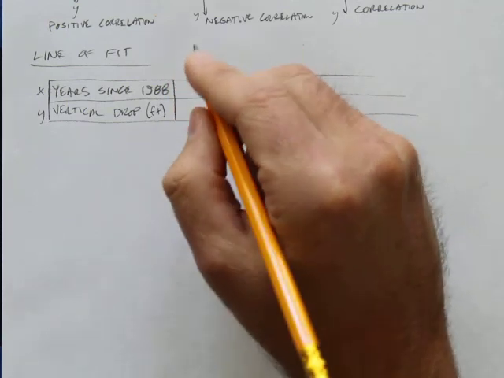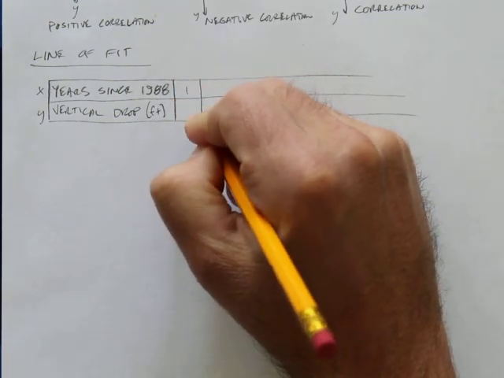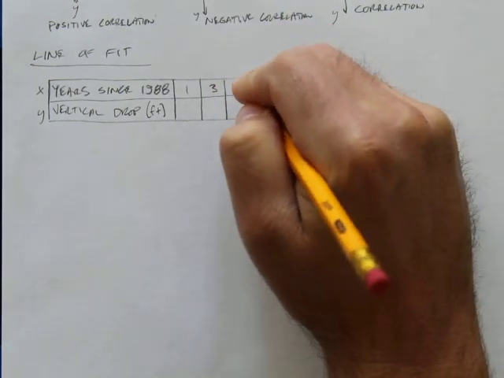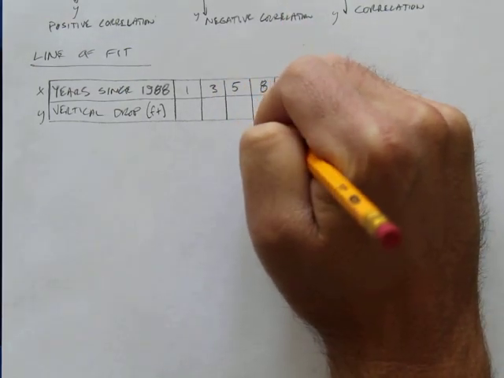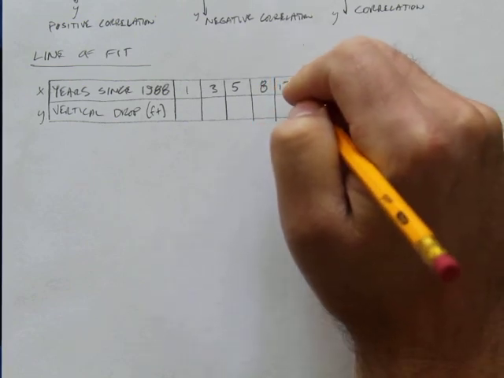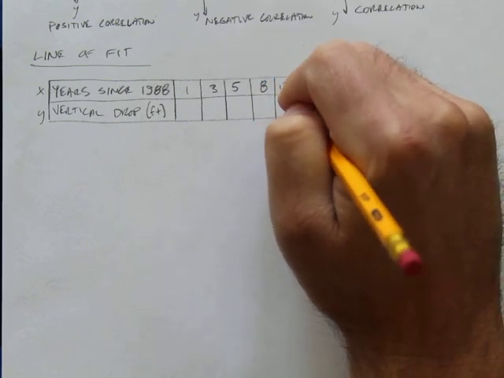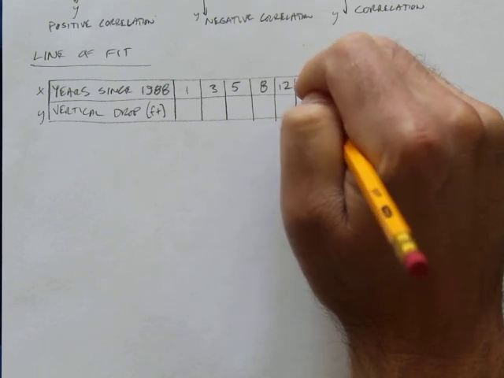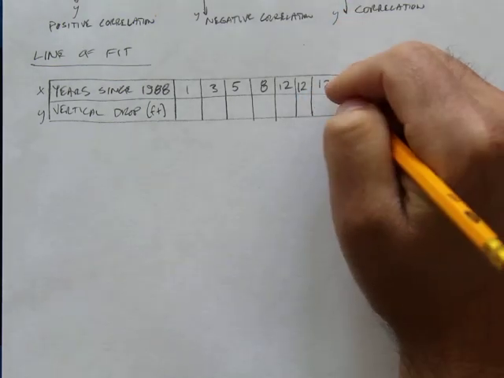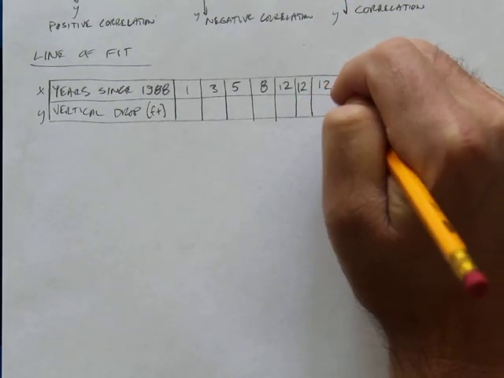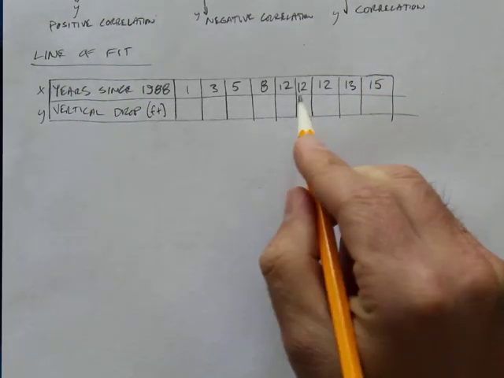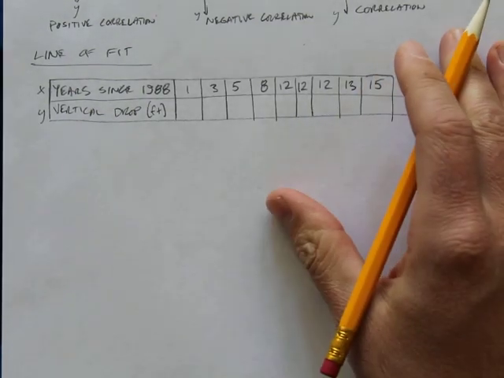So we've got 1 year since '88, we've got 3 years, 5 years, 8 years, 12 years, and it looks like there have been multiple measurements at 12 years, and then 13, and then 15. So we've got three 12s, then 13, and then 15.